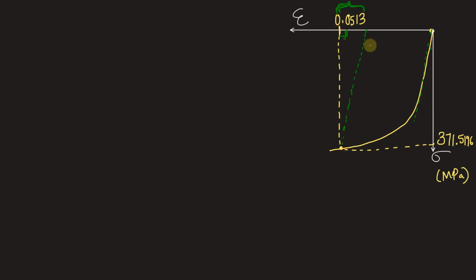Because this is a normal triangle and this slope will be equal to E, that is modulus of elasticity E. Therefore, we can equate the stress sigma is equal to modulus of elasticity E into the elastic strain that we want to find out, which will be recovered. Recovery strain is not 0.0513, but this value is the recovery strain, this much value. Let's find this out.